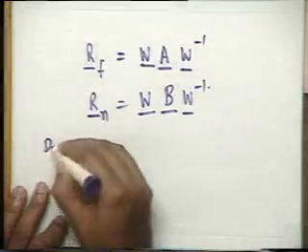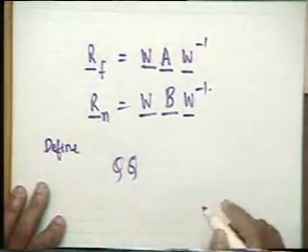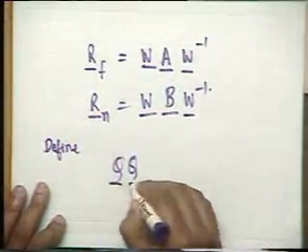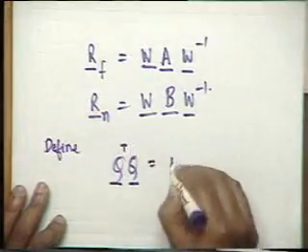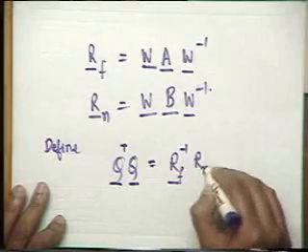Now let us make a choice of this Q transpose Q. What we will take now is to define, choose Q in such a manner that Q transpose Q becomes equal to RF inverse Rn.